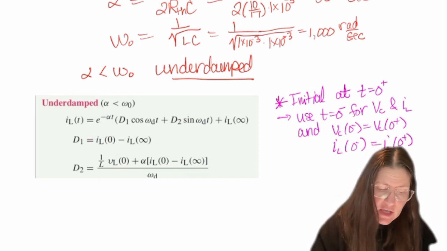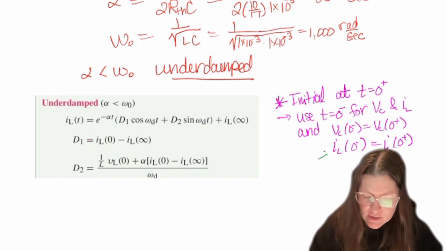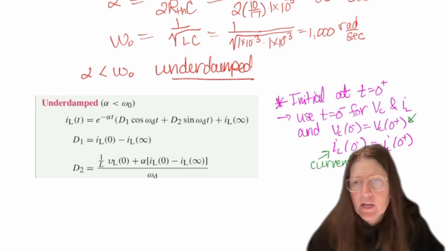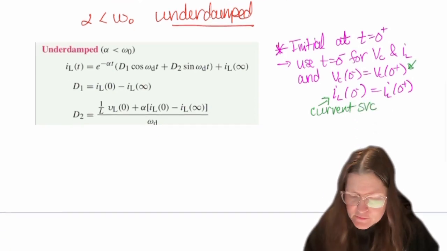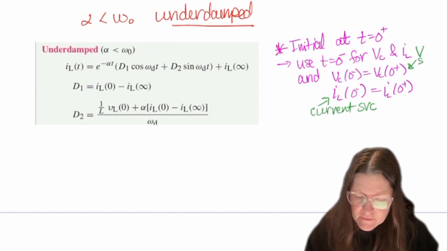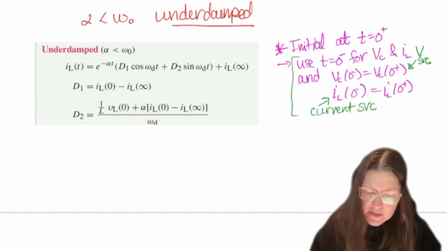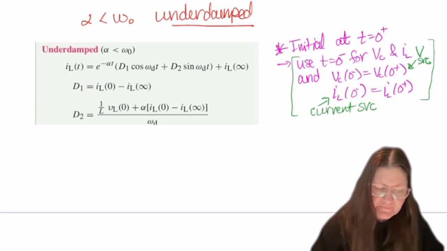And these will look like a current source, and this one will look like a voltage source. So that's how we use those to find the initial values.